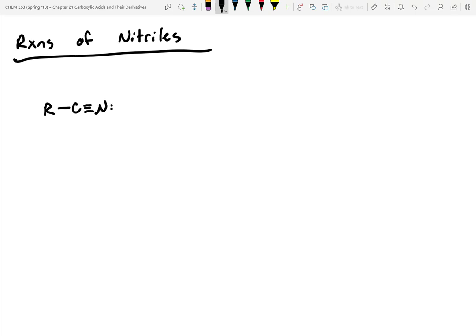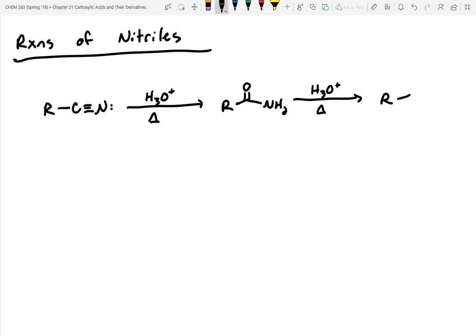I think it was last week, where we said with acid and heat, you can first convert your nitrile to an amide, and then just like we saw, if you keep on pushing this, oops, got my positive charge, you can go all the way to a carboxylic acid.